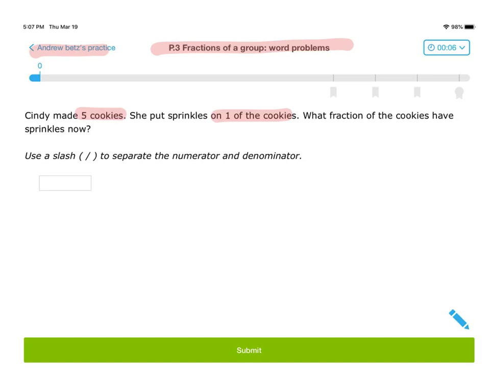Well, because this is a cookie problem, and I know that there are a total of 5, that's going to represent my total amount of cookies. That's my denominator. She put sprinkles on one of the cookies. So what fraction of the cookies have sprinkles? That would be 1, and then you've got to use your slash and 5, 1/5. Okay?